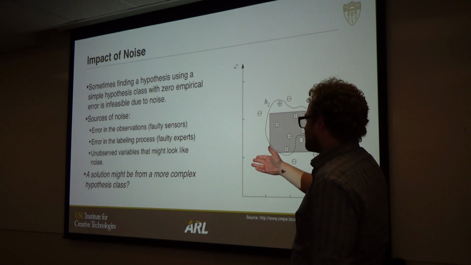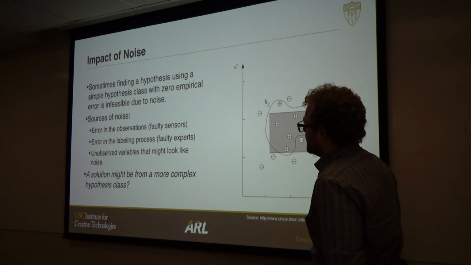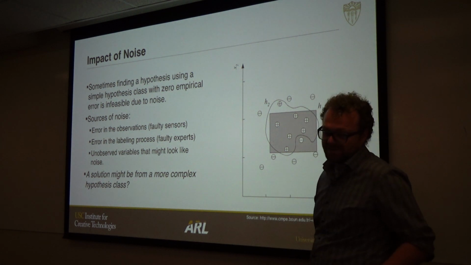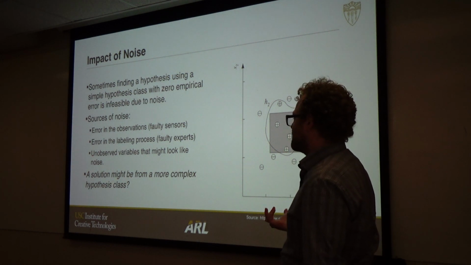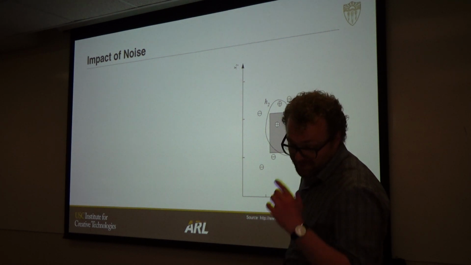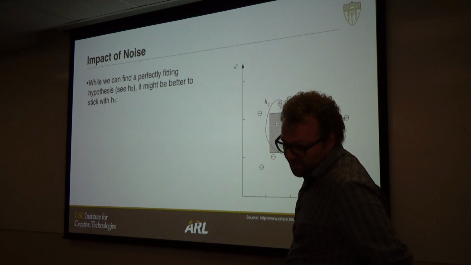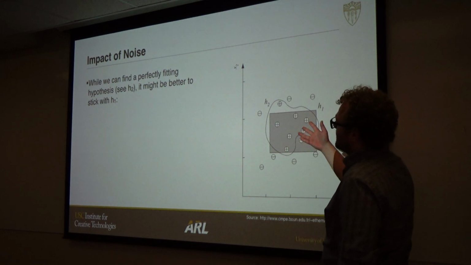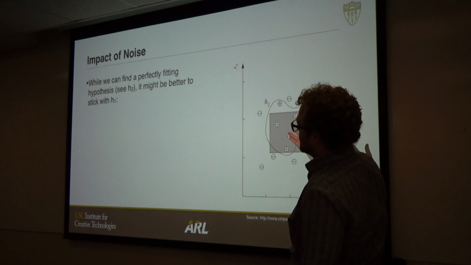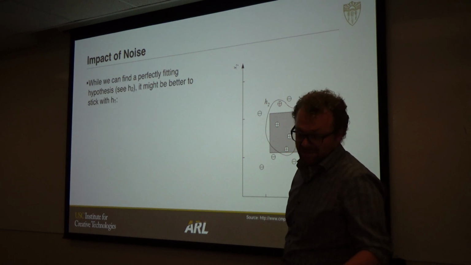The solution might be a more complex hypothesis class. But the question is, do we really want that? We can always find a perfectly fitting hypothesis too, but it might be better to stick with H1, and there are some reasons.